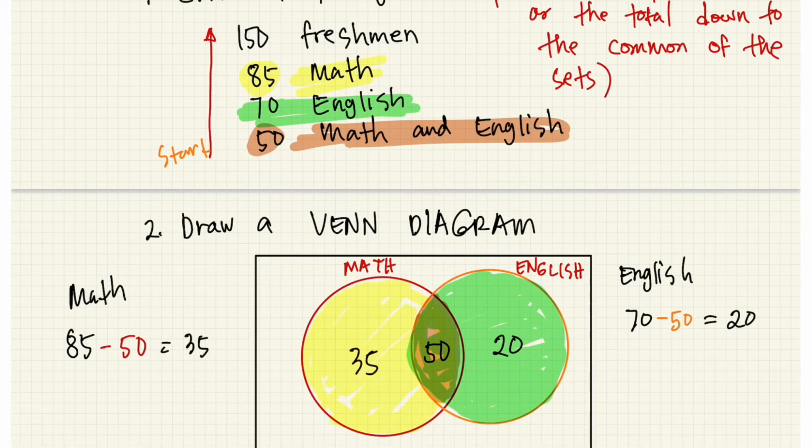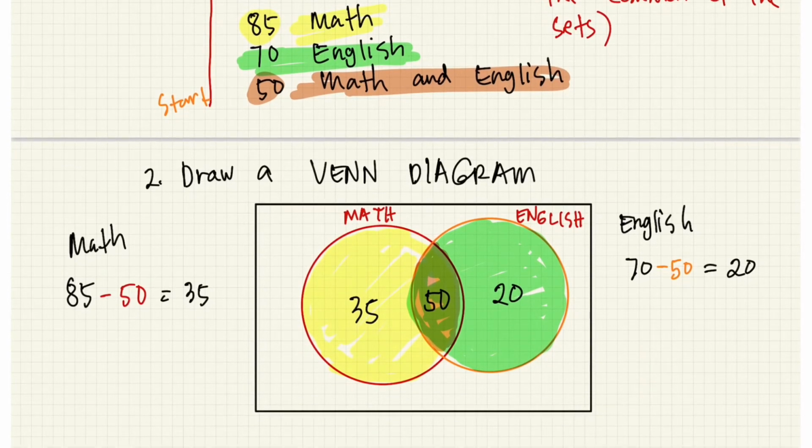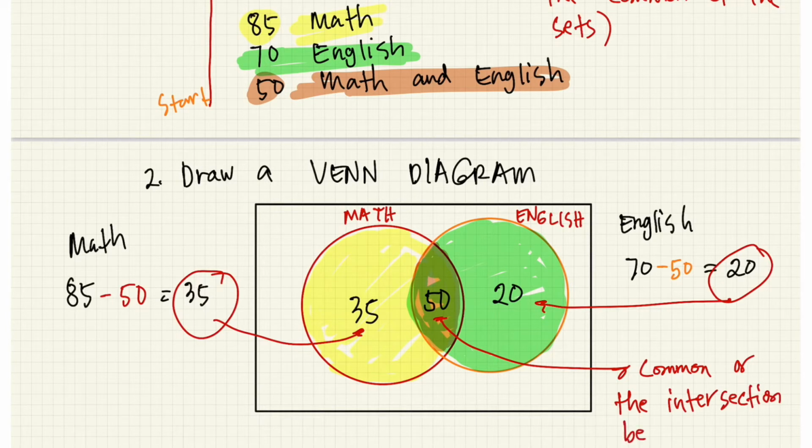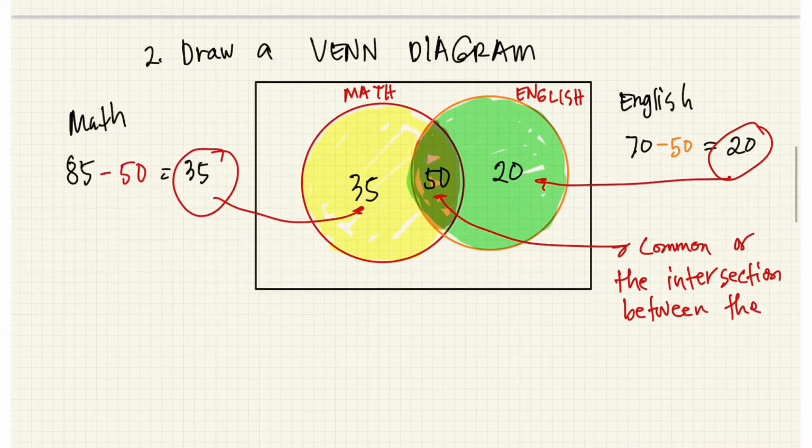So this is 35. Alright, so if you're going to look at the Venn diagram, 20 we wrote it here, and then 35 we wrote it here, and then 50, this is the common or the intersection between the two sets.